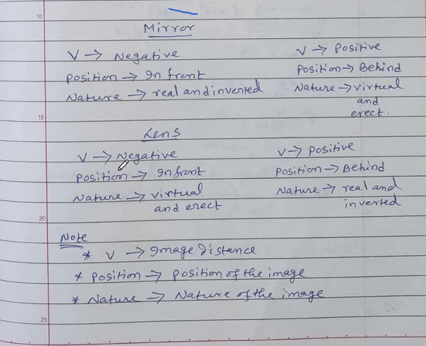But for lens, when V is negative, position same, it will be in front only, but nature will be virtual and erect. If V is positive, position will be behind and nature will be real and inverted. This is special note for you. V is image distance. Position means we are talking about position of the image. Nature means we are talking about nature of the image.